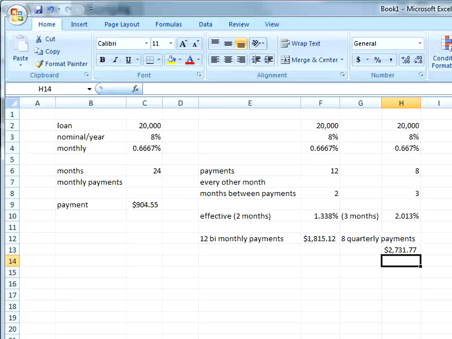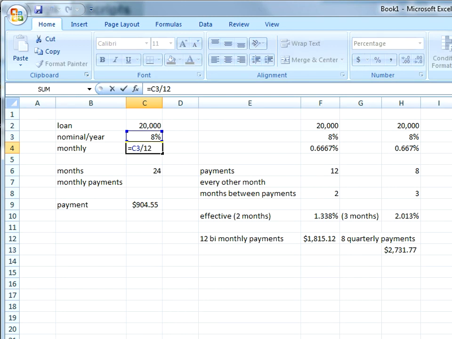So in summary, we need to make sure that the effective interest rate that we use matches the distance between what we consider a period. When we divide the 8% by 12, it is because there are 12 compounding periods in a year. Always the nominal rate should come in yearly terms.